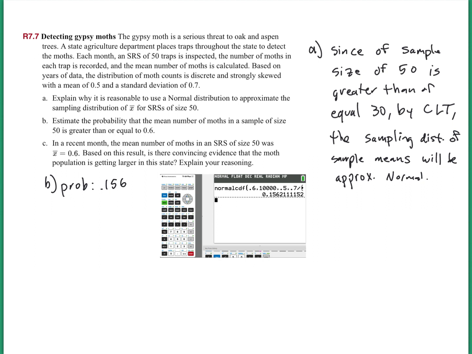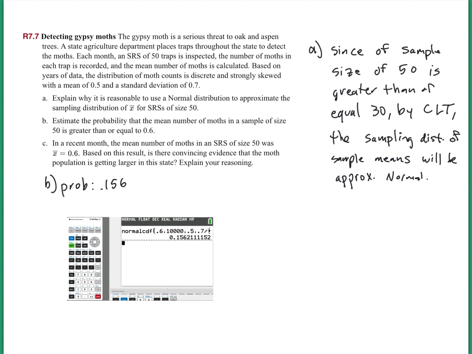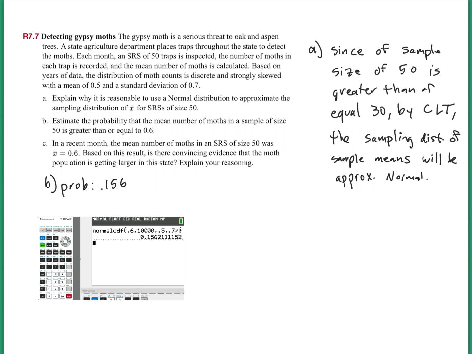Okay, part C. In a recent month, the mean number of moths in a certain simple random sample of size 50 was 0.6. Based on this result, is there convincing evidence that the moth population is getting larger in this state? The mean number of moths in a sample of size 50 was 0.6. That was greater than the mean that was based on years of data.